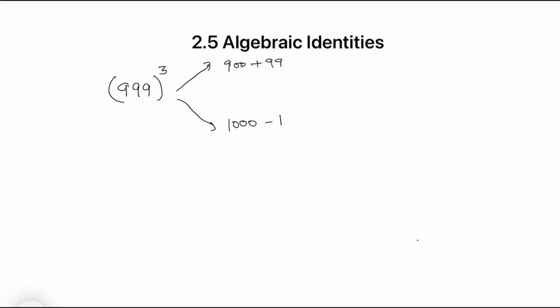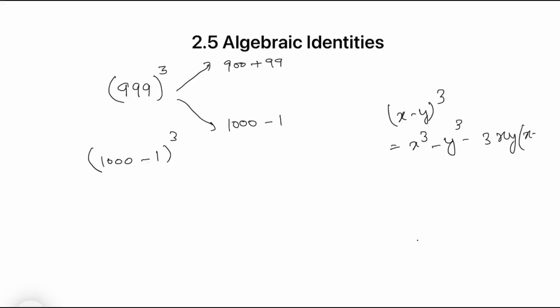So, if you wrote 999 as (1000 minus 1) whole cube and then use the identity, sorry, so (x minus y) whole cube is equal to x cube minus y cube minus 3xy multiplied by (x minus y), and you just replace the numbers.